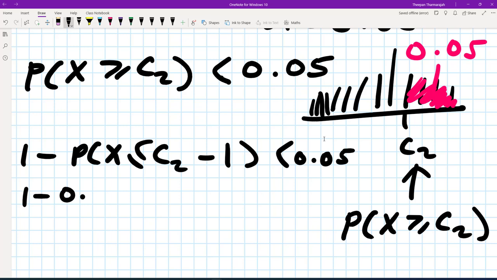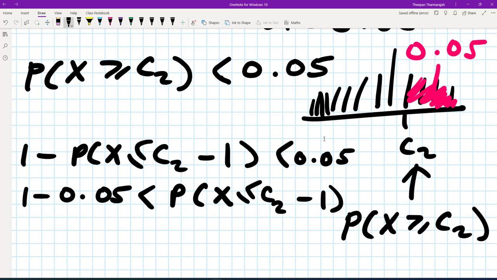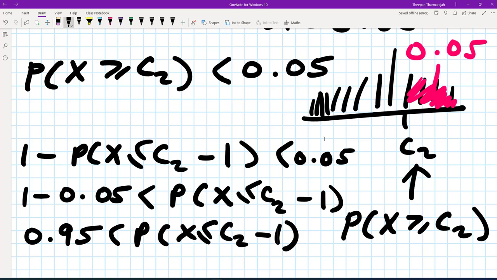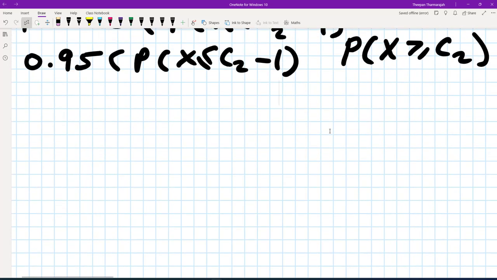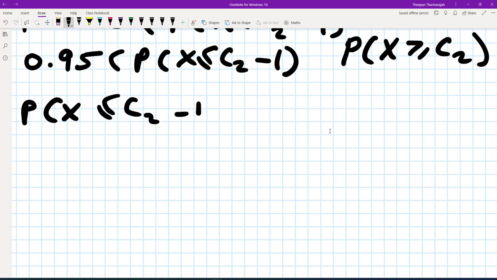So 1 minus 0.05 is strictly less than the probability that X is less than or equal to C2 minus 1. So 0.95 is less than the probability that X is less than or equal to C2 minus 1. In other words, the probability that X is less than or equal to C2 minus 1 is strictly greater than 0.95.